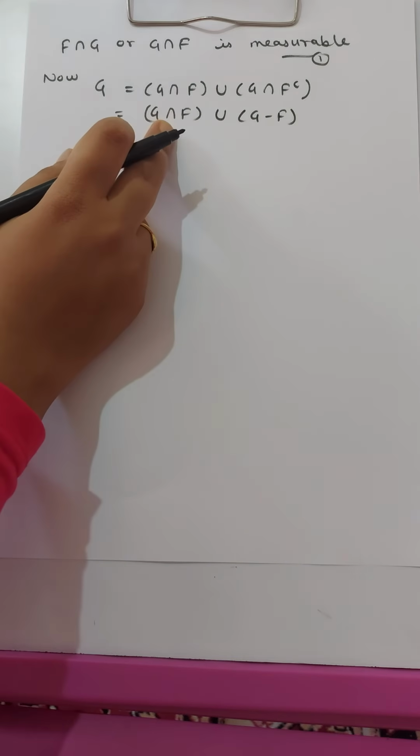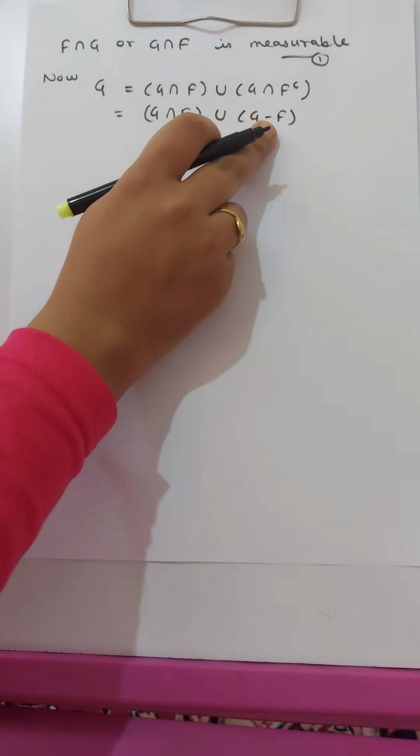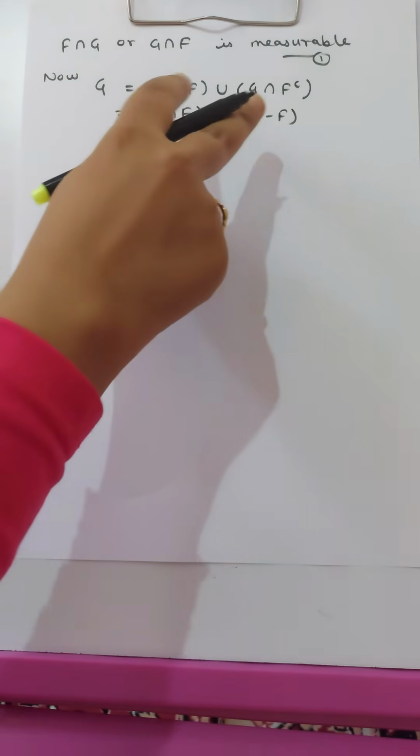Now this G intersection F is measurable, also G minus F is measurable, and the union of two measurable sets is measurable.